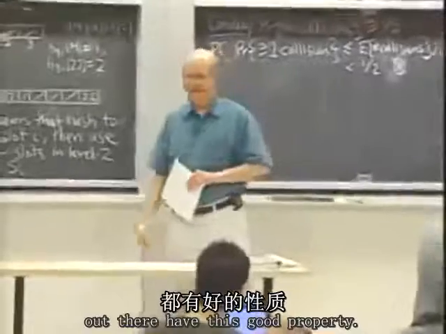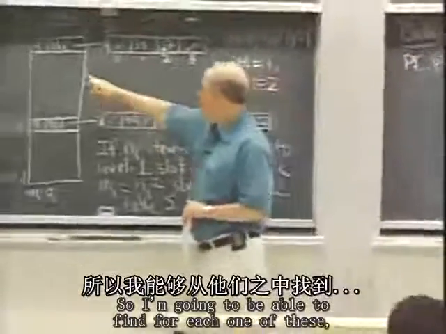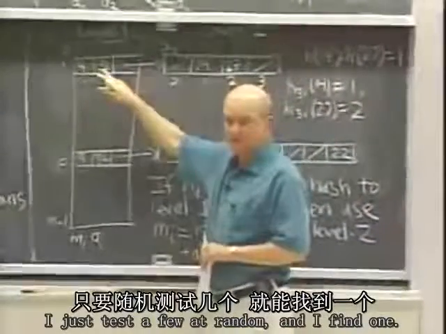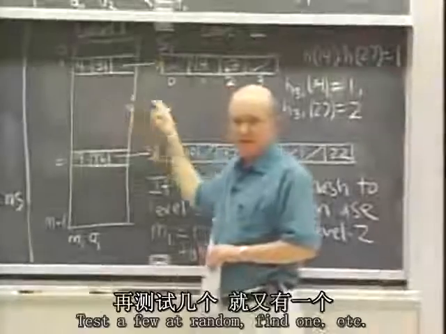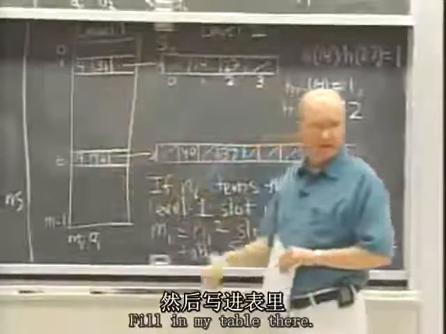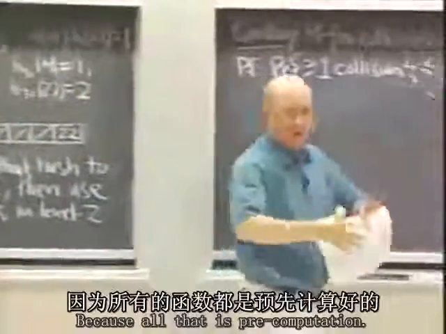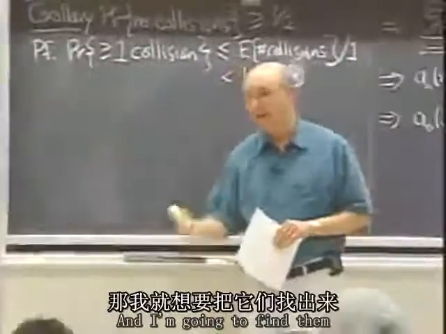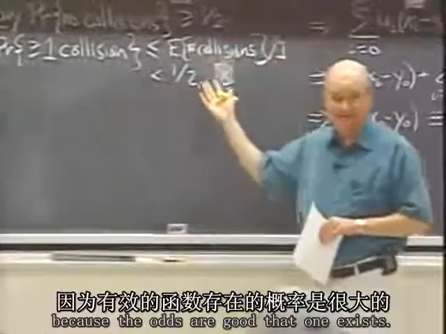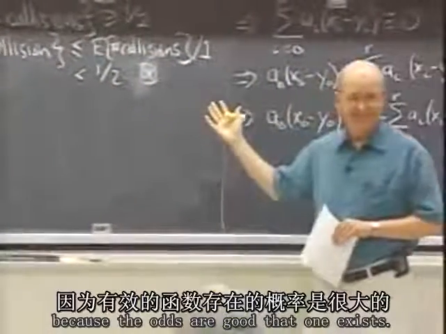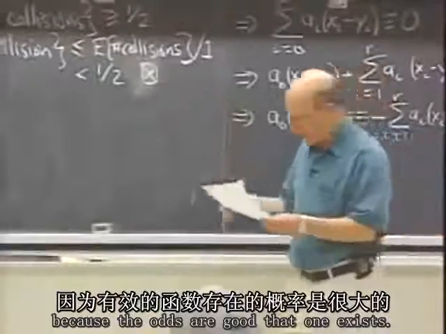Okay? So for each one of these, I just test a few at random, and I find one. Test a few at random, find one, etc. Fill in my table there. Because all that is pre-computation. And I'm going to find them because the odds are good that one exists.